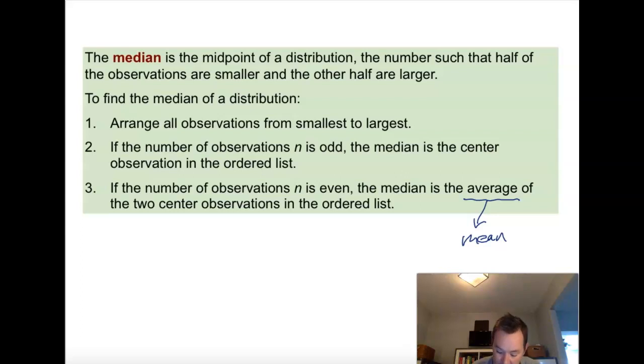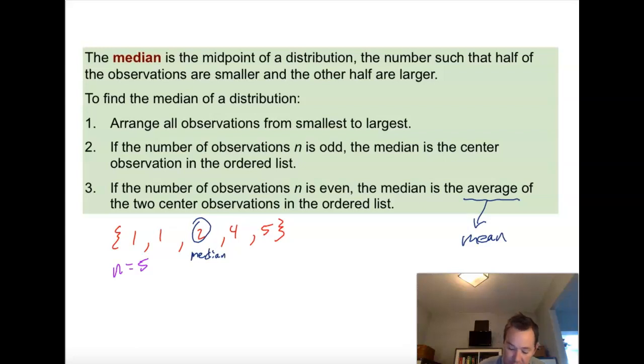So let's do a quick off-the-cuff example. Say we had a data set like 1, 1, 2, 4, 5. The number of data in that data set is 5. I've already ordered it, so the median is the middle number.